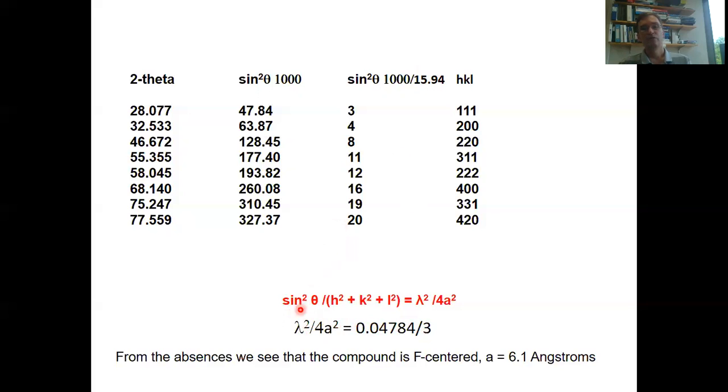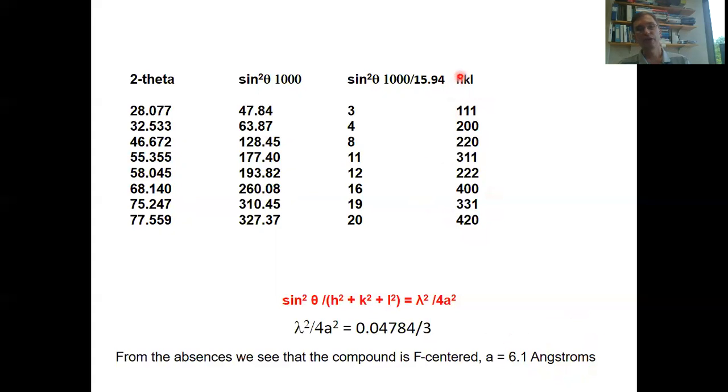Because we know lambda, we can calculate a, which would be in this case 6.1 angstroms. So now we already know that we have to have some sort of systematic absence. Now you can next check the systematic absences due to centering and see if your unit cell is somehow centered.